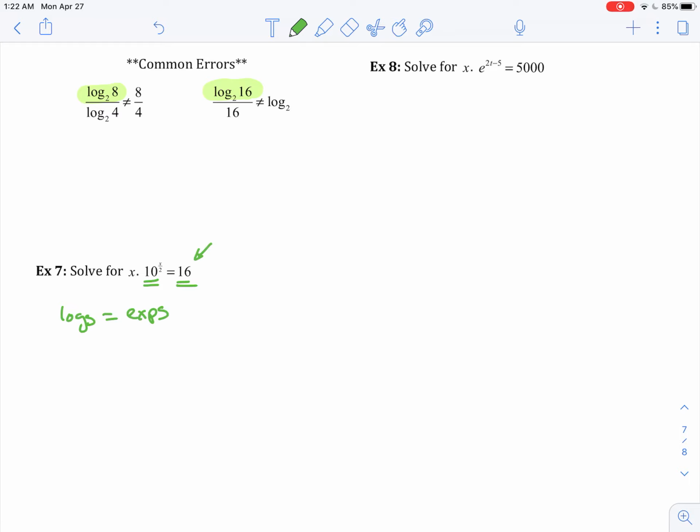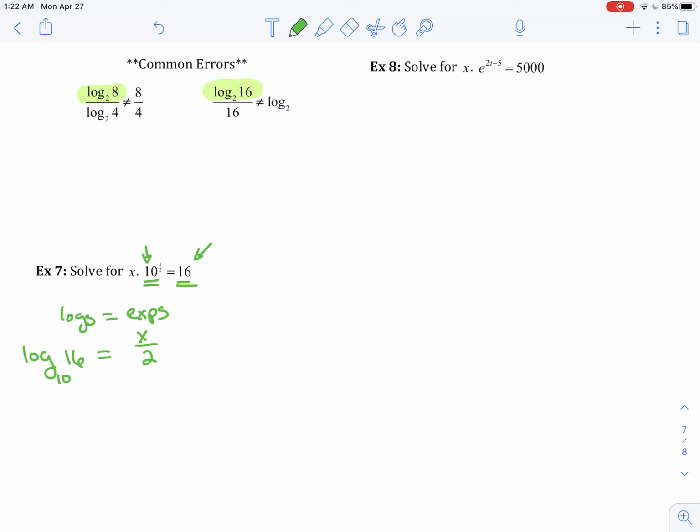And if logs are equal to exponents, our base here was 10, so the log base 10 of 16 equals that exponent of x over 2, because logs equal the exponents.